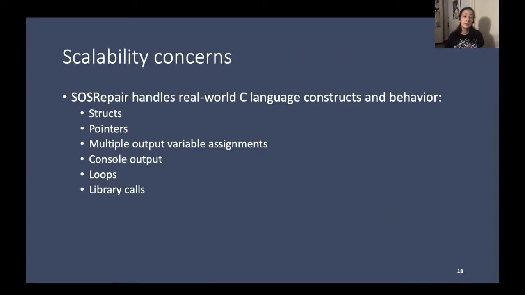There are some scalability concerns at this step. For example, if you are handling only small programs, you only need to handle primitive types like integers, floats, characters. But since SOSRepair wants to handle real-world programs, it has to handle real-world C language constructs, such as structs, pointers, multiple output variable assignments, console output, loops, and library calls.